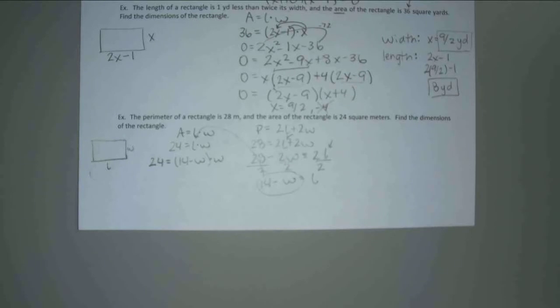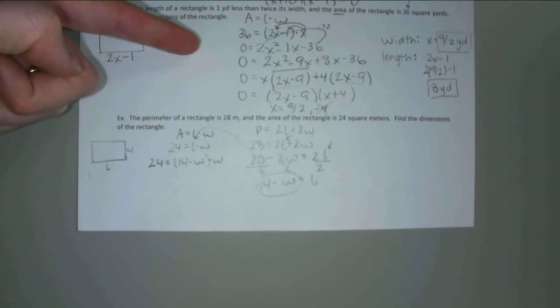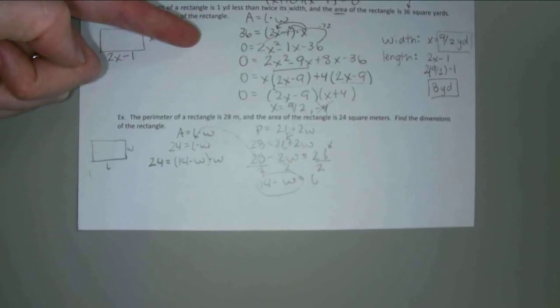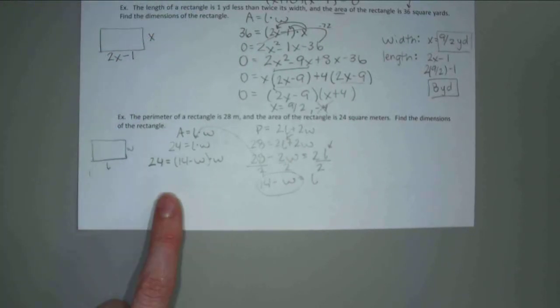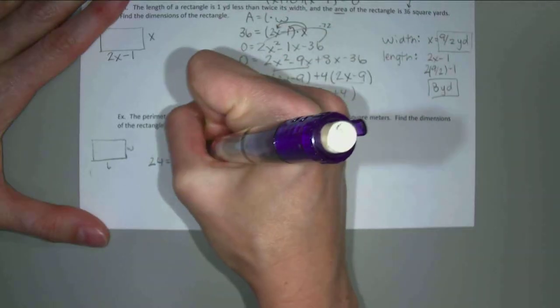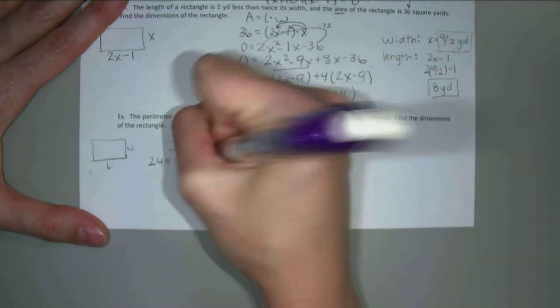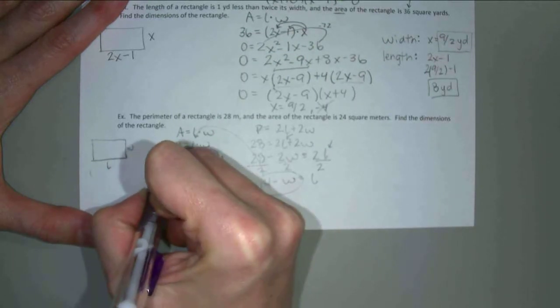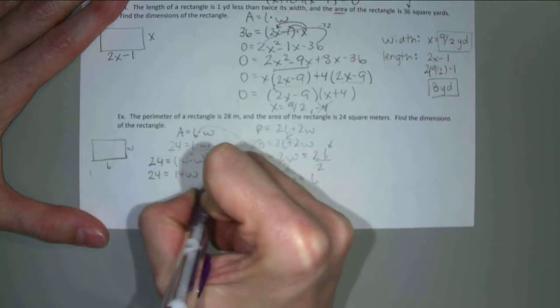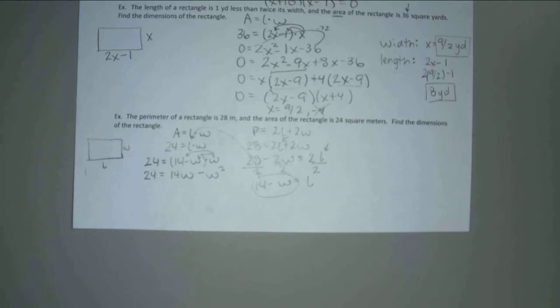So at this point, guys, it's basically what we did up here. This one I could potentially put on a quiz. It's not too crazy. But this one, we're just now getting to what this one was, where we need to distribute the W through. So we'll have 24 equals 14W minus W squared. And at that point, I'm going to get everything to one side equal to 0.